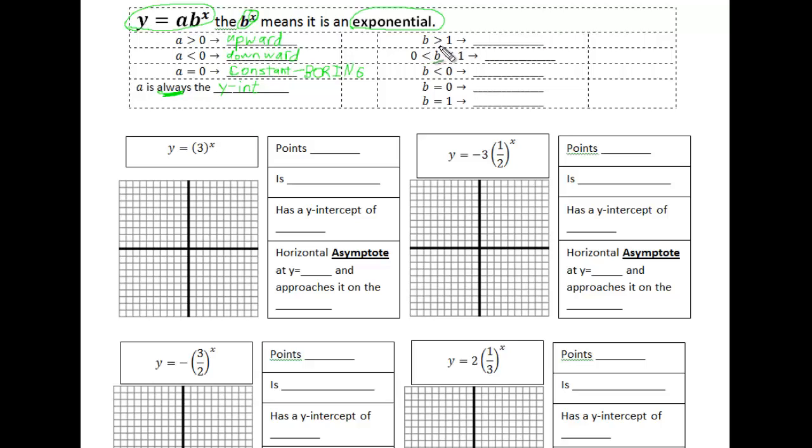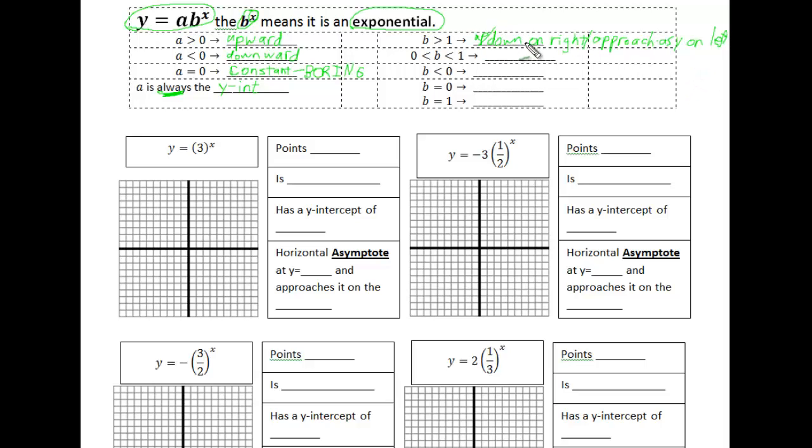Well, if b is greater than 1, it is going to be up or down on the right, and it also means that it approaches the asymptote on the left.